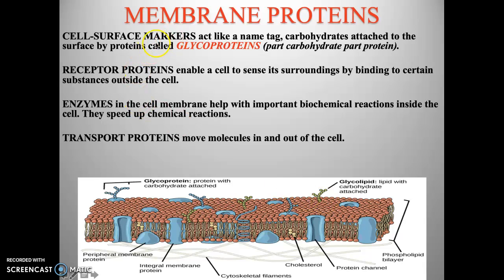Okay? You can have glycoproteins. That's part protein, part carbohydrate. Here's an example of one right there. These things can act as a whole bunch of different things in the cell. They can act as receptors and grab things and pull them into the cell. They're also called cell surface proteins, and they can be used to have one cell touch another cell and say, hey, I'm this type of cell.